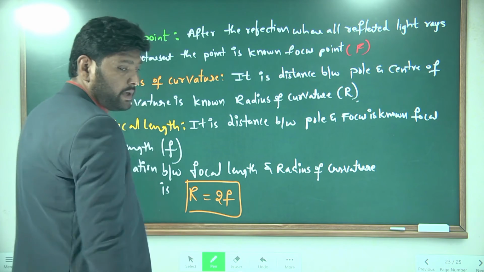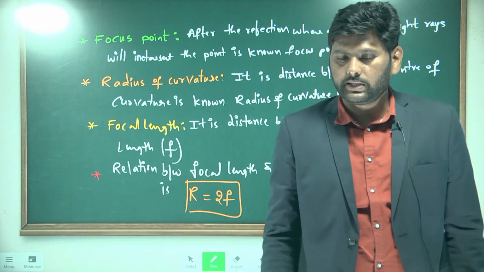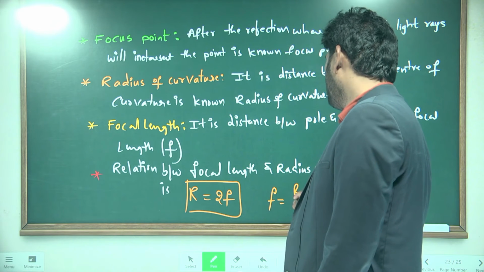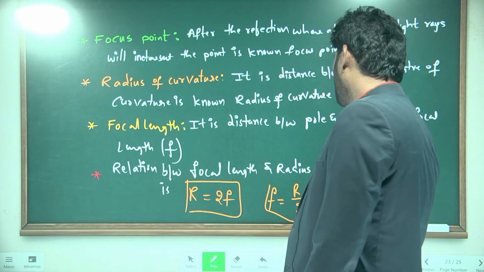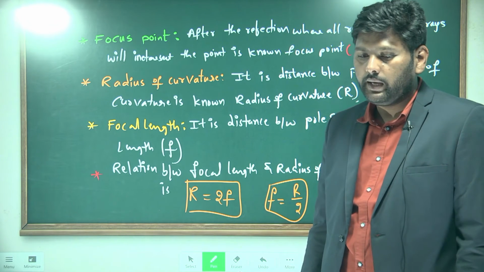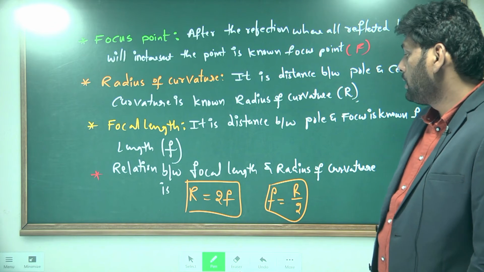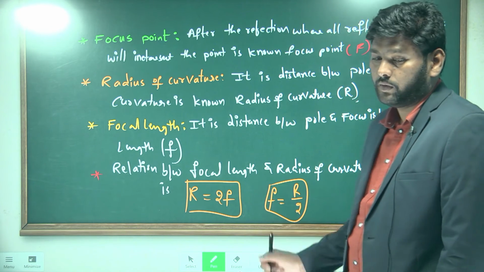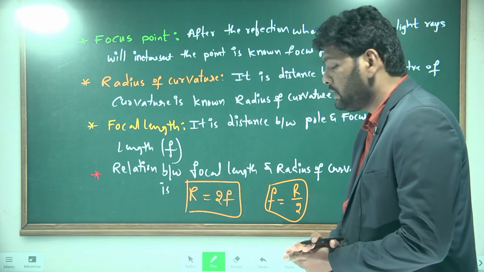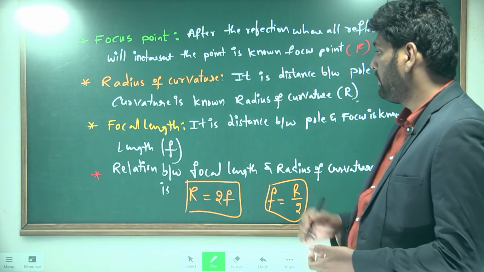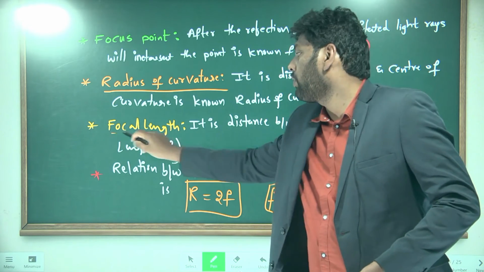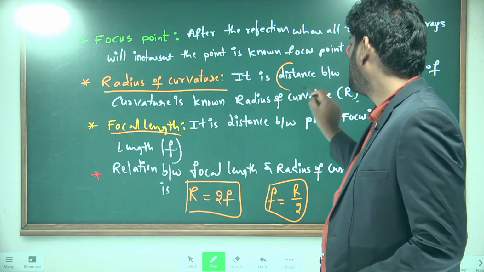So this is the relation between focal length and radius of curvature, and also the focal length is equal to half of the radius. This is also one more relation. Focal length is half of the radius of curvature, or else radius of curvature is 2 times the focal length. These two things give the relation between focal length and radius of curvature.